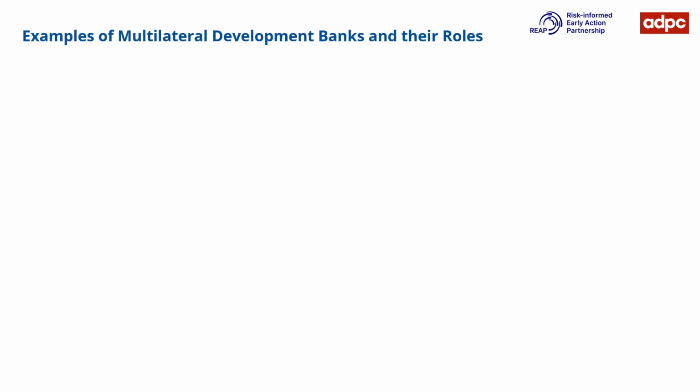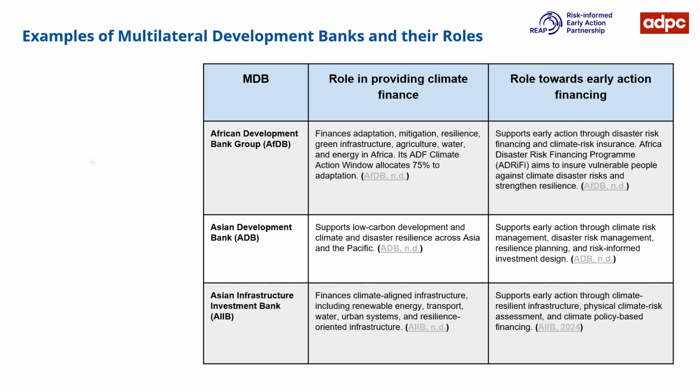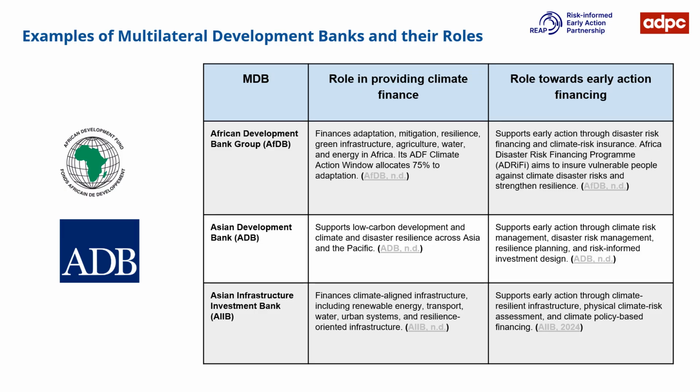This slide presents examples of MDBs and their climate finance roles. The African Development Bank supports adaptation, mitigation, green infrastructure, agriculture, water, energy, and resilience in Africa. Its work on disaster risk financing and climate risk insurance is directly relevant to early action, particularly through instruments that help countries prepare financially for climate shocks. The Asian Development Bank supports low-carbon development and climate and disaster resilience across Asia and the Pacific.